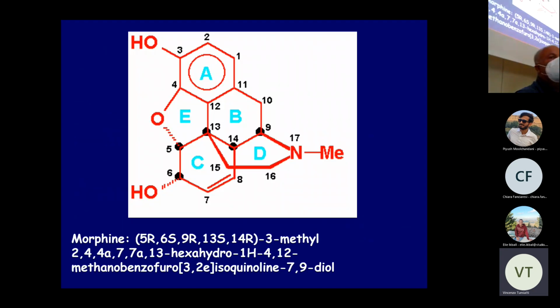What about the basicity? Morphine is an alkaloid, so there is a basic function, you see, nitrogen, basic. 96% of morphine is protonated at the physiological pH.